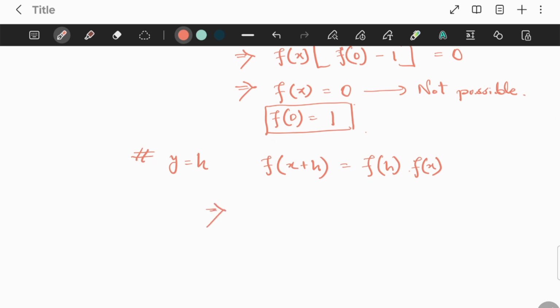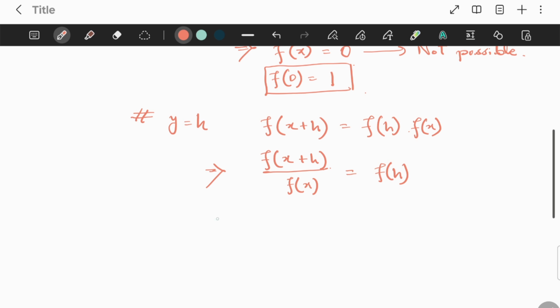If we divide both sides by fx, we get... now we'll subtract 1 from both sides.